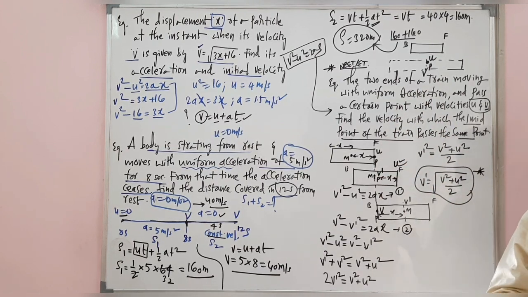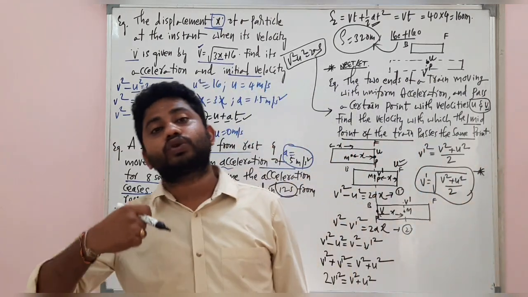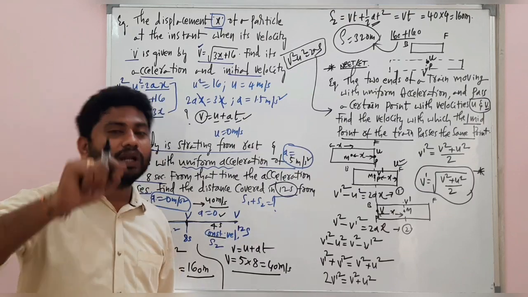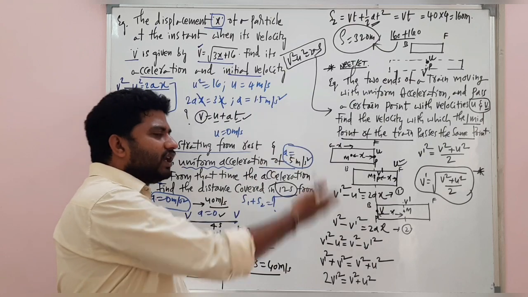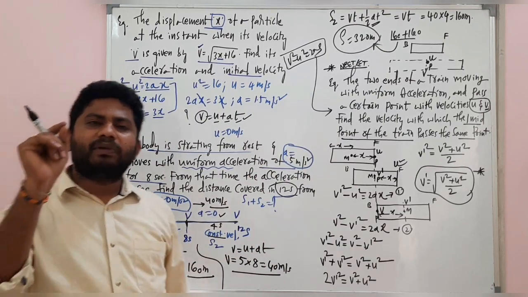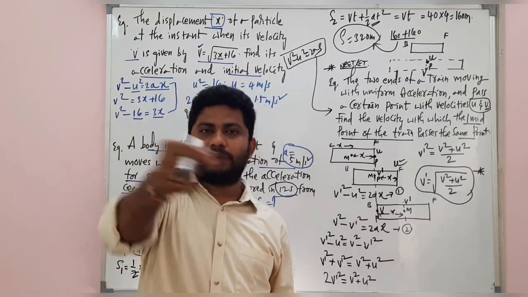To avoid that, there are some formulas which you should remember, and these are the formulas to be noted down in your formula book. Why? To save your time. With what velocity does the midpoint of the vehicle or the midpoint of the train pass through the same point?